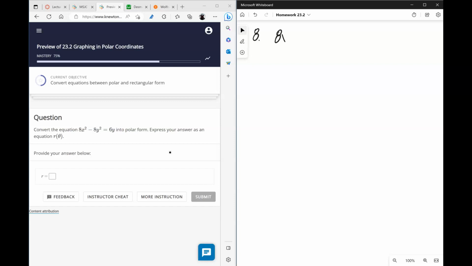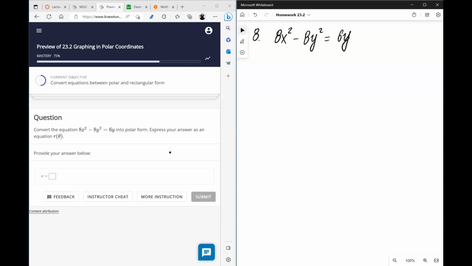Converting this into polar form, again, this looks like a hyperbola, and we're going to convert it by replacing x and y.